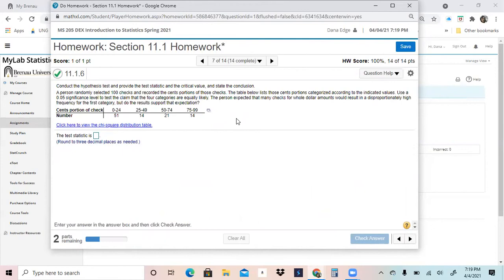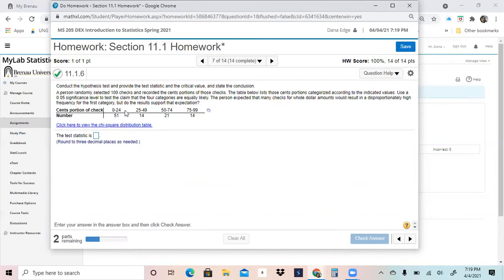Now, in a problem where we have to come up with the test statistic ourselves, in this problem, a person randomly selected 100 checks and recorded the cents portions of those checks. The table below lists the cents portions categorized according to the indicated values.